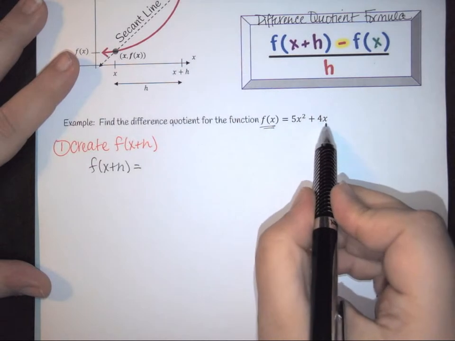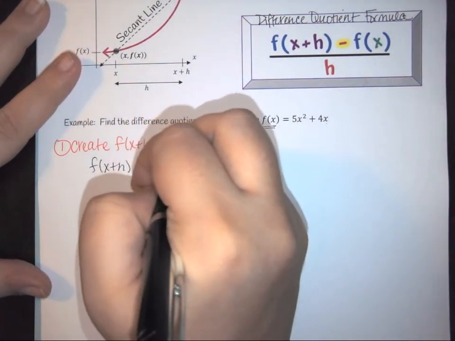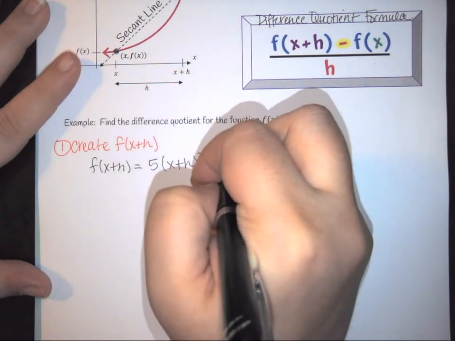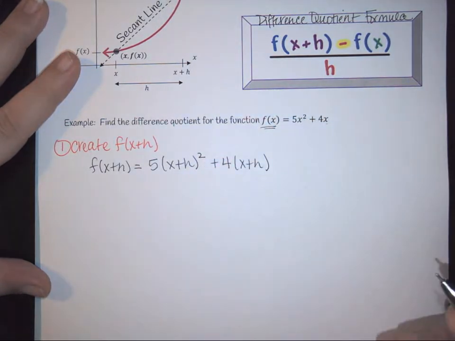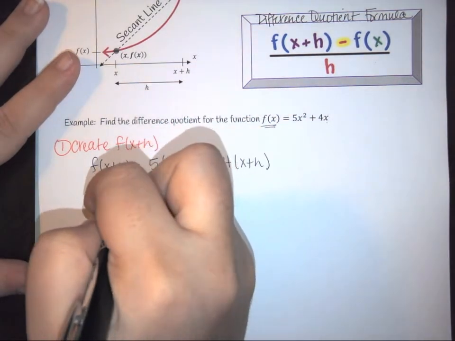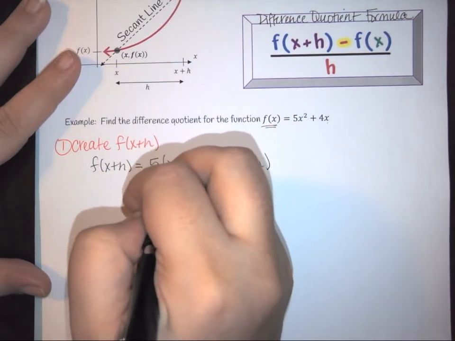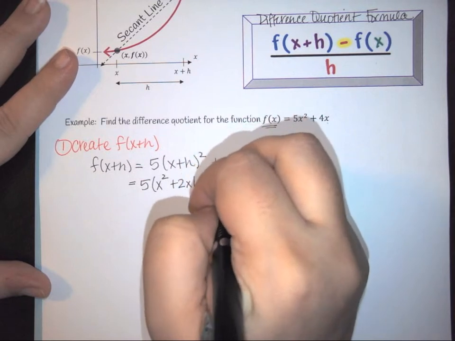Anywhere I have an x, I have to input x plus h. So this becomes 5 times x plus h squared plus 4 times x plus h. So I have to go ahead and expand this out. So this is going to be 5 times x squared plus 2xh plus h squared.